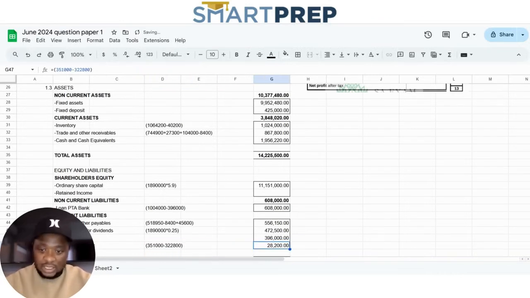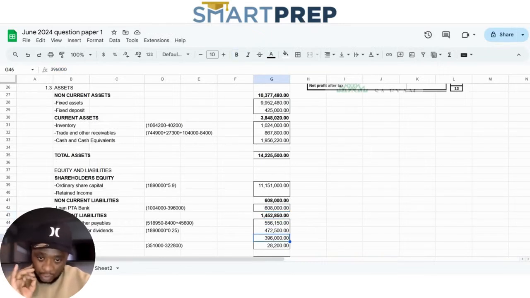That then gives us a SARS income tax balance of 28,200, and therefore we can now add our current liabilities. So if we add up all our current liabilities, we then would get 1,452,850.